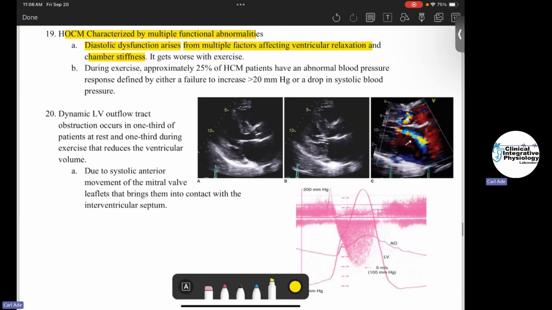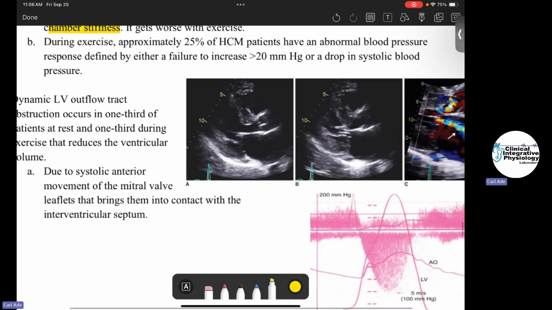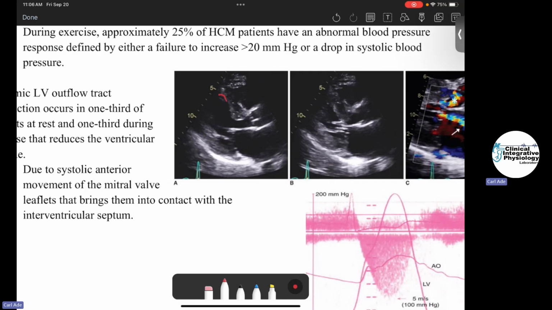And this is due to what's referred to as a dynamic left ventricular outflow tract obstruction. So we go back and we use that echocardiography I mentioned in previous lectures. So here's the septal wall. This is the aorta. This is the left atrium. This is the left ventricle.